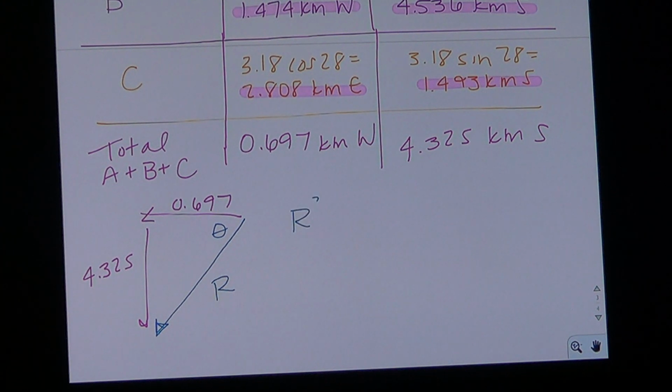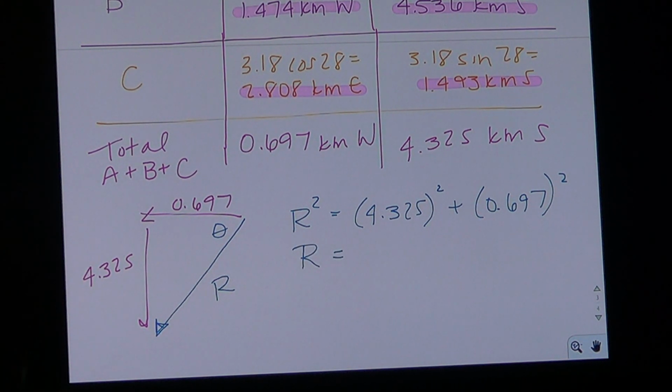So you'll have r squared equals the sum of the squares of the components. I got 19.4, but then you have to square it.